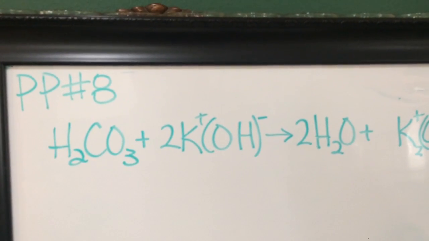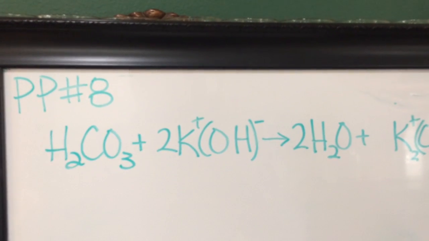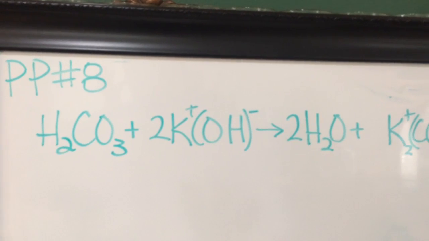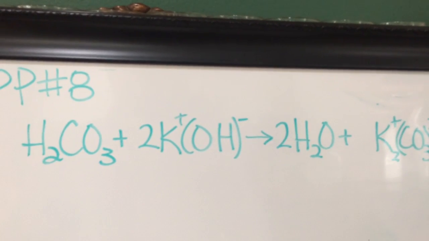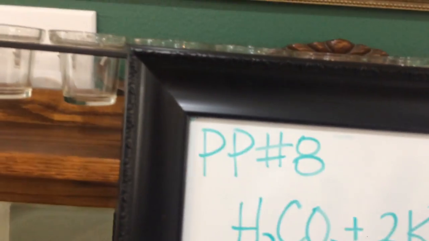So we now know that we have 50.0 milliliters of a 4.5 molarity carbonic acid. I like to write my stuff up there. It just helps me.